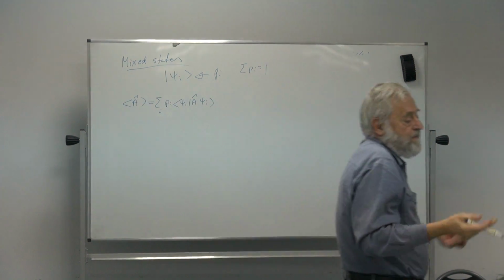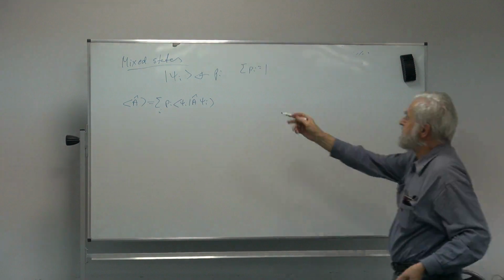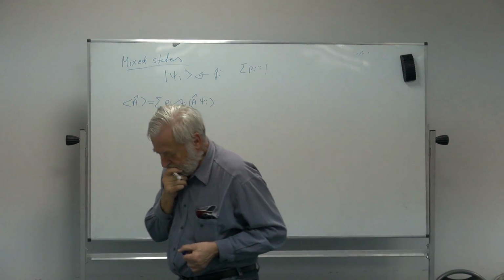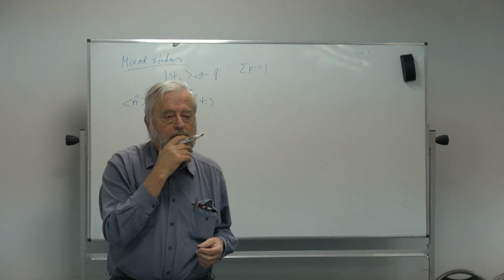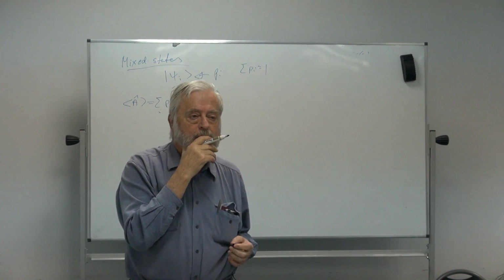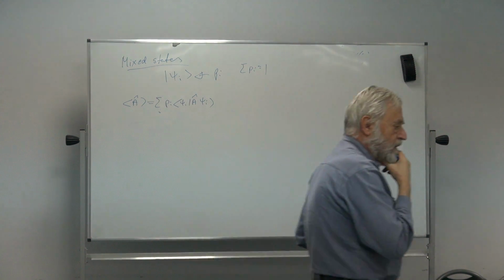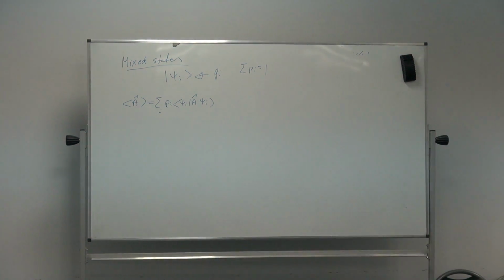Yes? I just have to take into account the fact that with probability p i I've got mean value of A in psi i. So can we not define the total wave function as the sum of those psi i's with square roots of p i's? No, no, of course not.